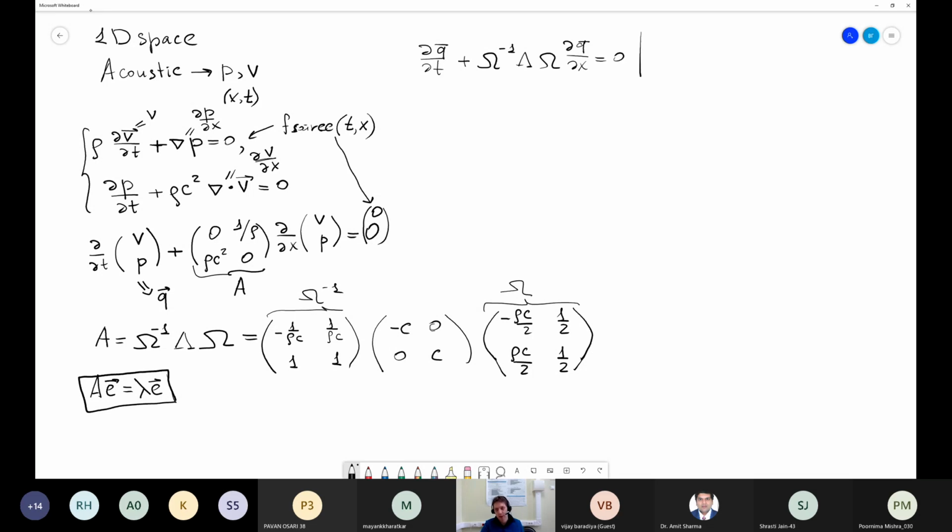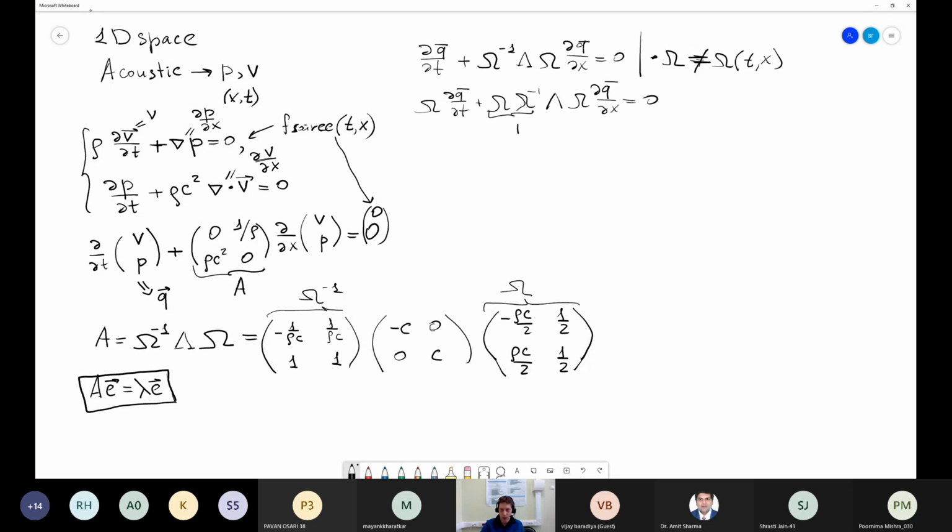Let's multiply this equation from the left side by omega. Omega is not a function of time or x right now. That's why we can write omega dq dt plus omega minus 1 lambda omega dq over dx equal to 0.